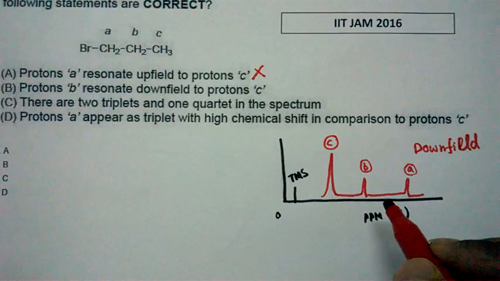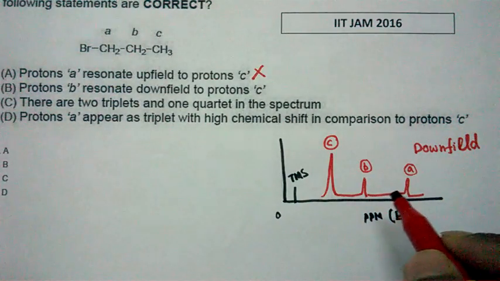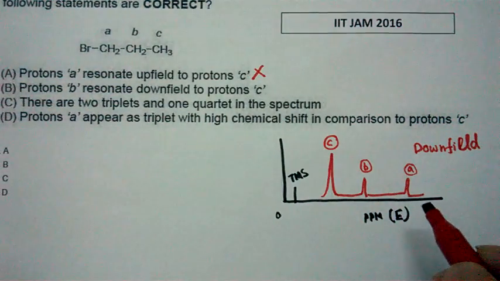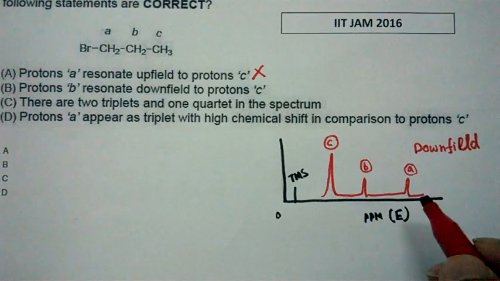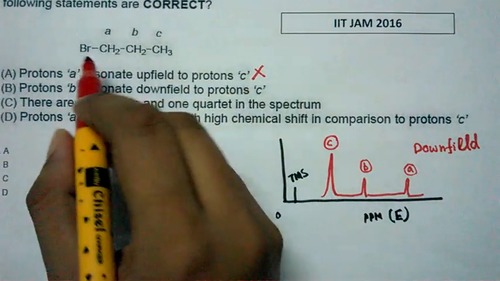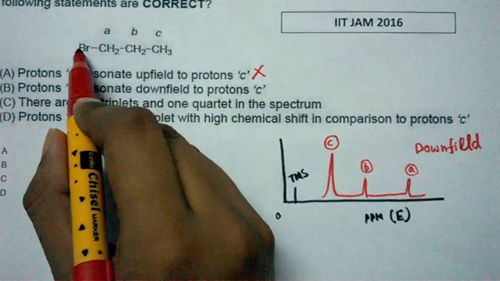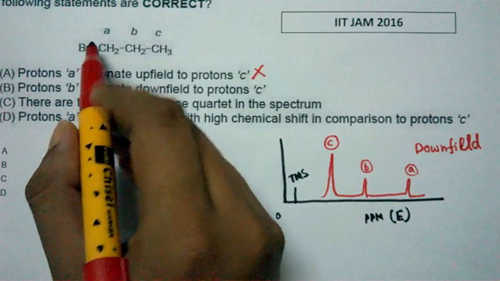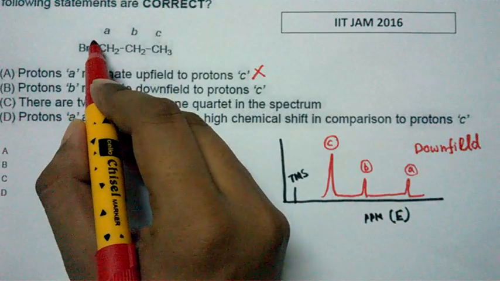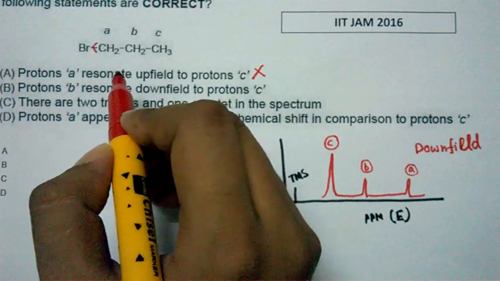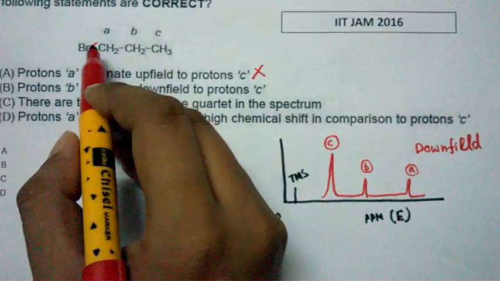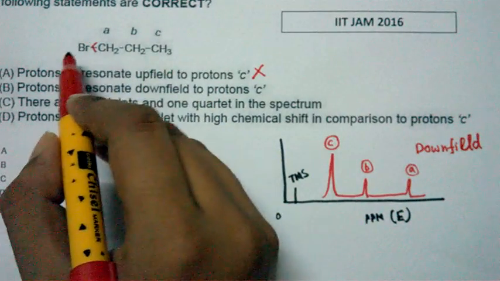How would you know whether a peak is downfield or upfield? A peak would have high energy or low energy. The trick is just to see the molecular environment. Here the carbon is attached to bromine, and as it is highly electronegative, bromine pulls the electron density towards itself.